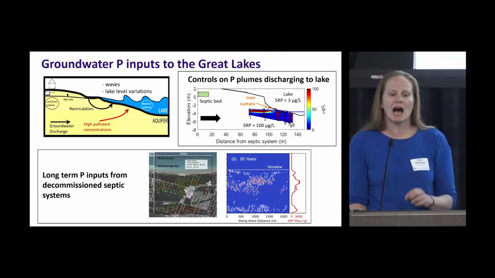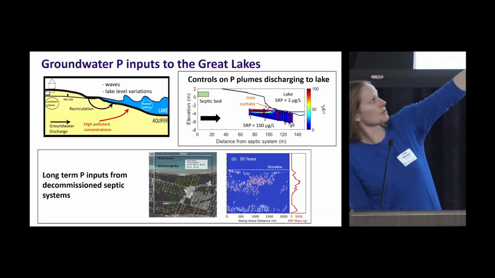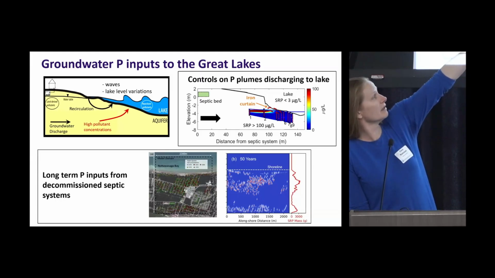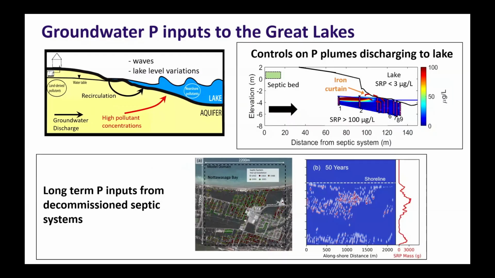groundwater into the lake. And in particular, when you might have a really high phosphorus plume that's moving towards the lake. For instance, this is some work that we did where we had a septic system. We were tracking an individual nutrient plume from a septic system moving into the lake. We've got high phosphorus in the groundwater, much, much higher than what's in the lake.